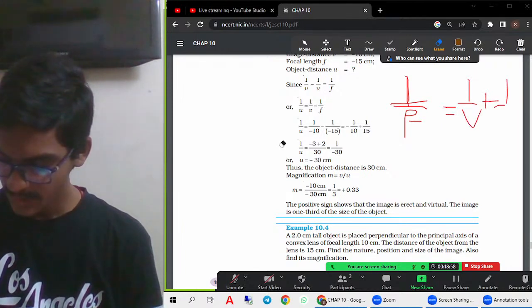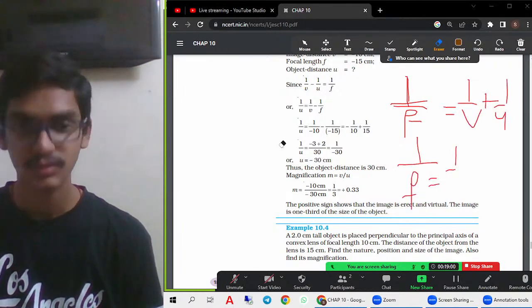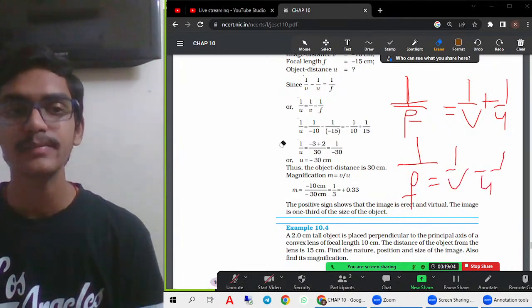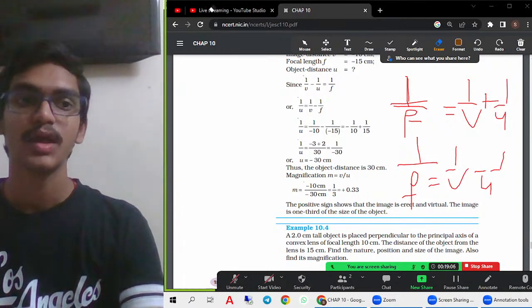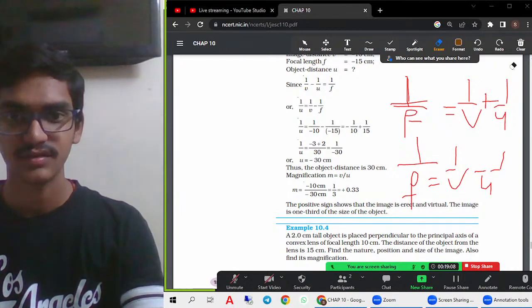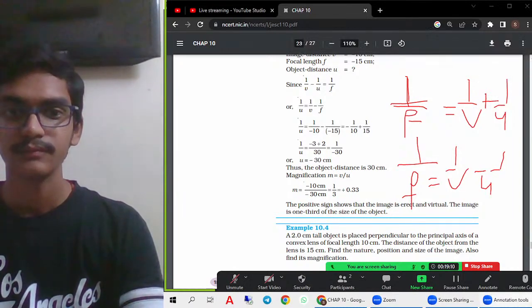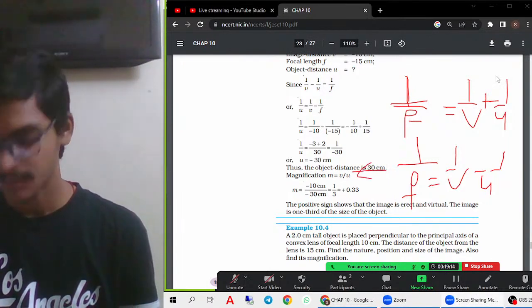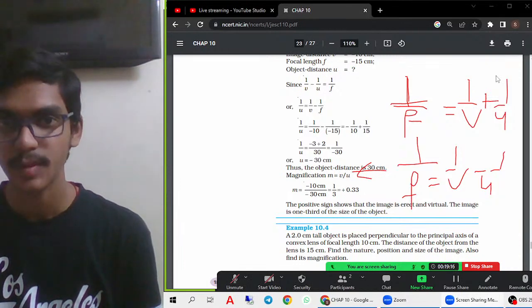For the lens formula, 1 by f equal to 1 by v minus 1 by u. You can't write it as 1 by u minus 1 by v. It is an absolute blunder that you must not make when solving this kind of question. So this is the lens formula, 1 by f equal to 1 by v minus 1 by u, and this is the mirror formula that you have to remember.